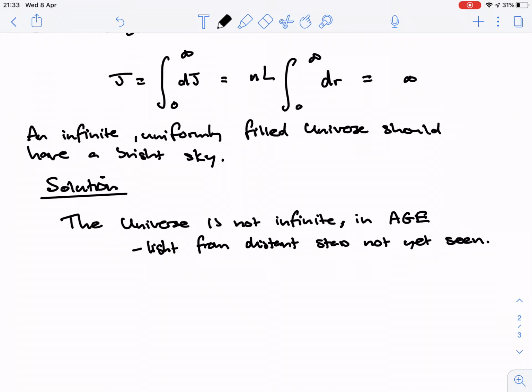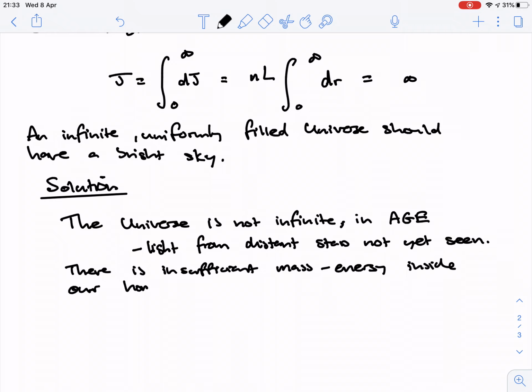And then you can go a little bit further. You can also say there is insufficient energy, or more officially probably mass energy, inside our horizon to make the sky bright.